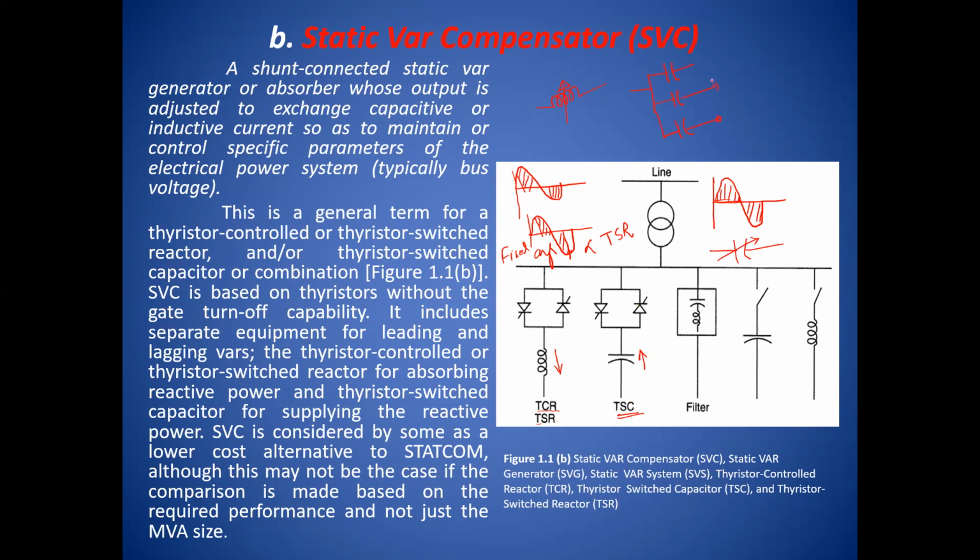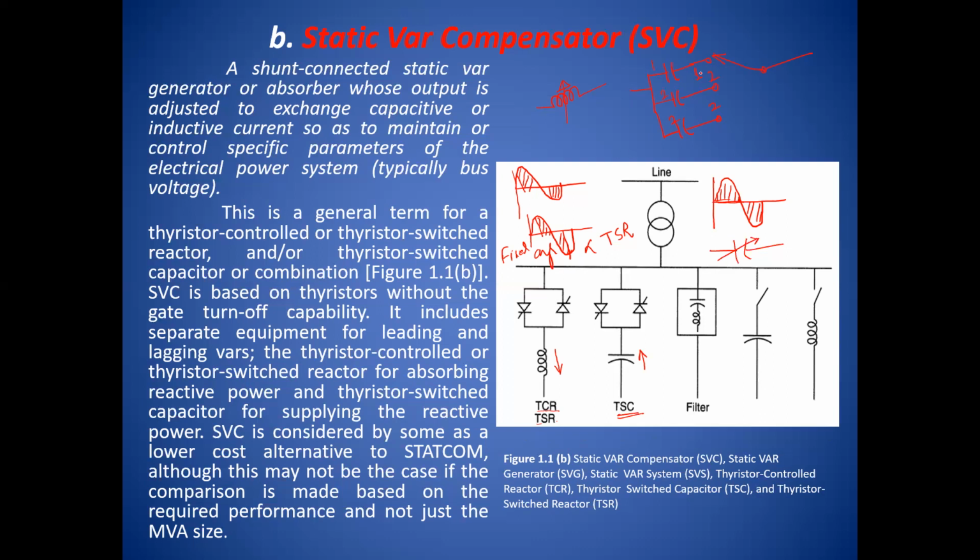And again there is a selector switch. When at position number 1, the first capacitor comes into the circuit; at position number 2, the second capacitor comes into the circuit, and then switch number 3. So here the capacitors are controlled in step manner only. This is the difference between the thyristor controlled reactor and the thyristor switched capacitor.